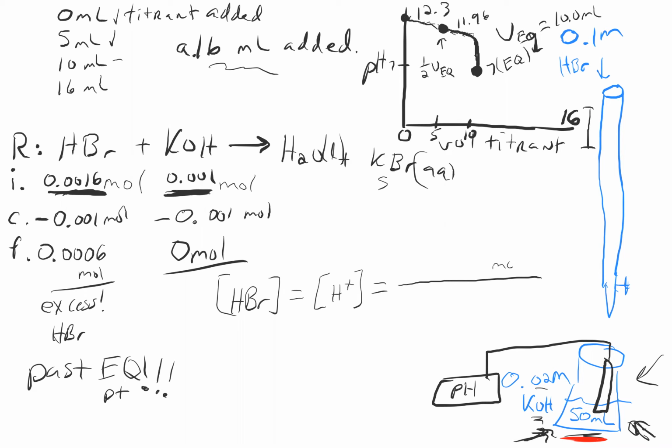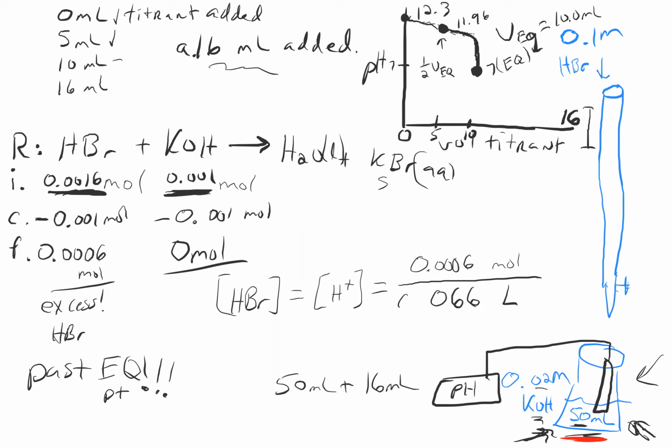Now, I can compute the concentration by taking the moles excess of HBr and dividing by the total volume at this point. Now, what is that total volume? Well, again, I started with 50 mLs, and I've now added 16 mLs of my titrant. So I'm assuming additive volumes.